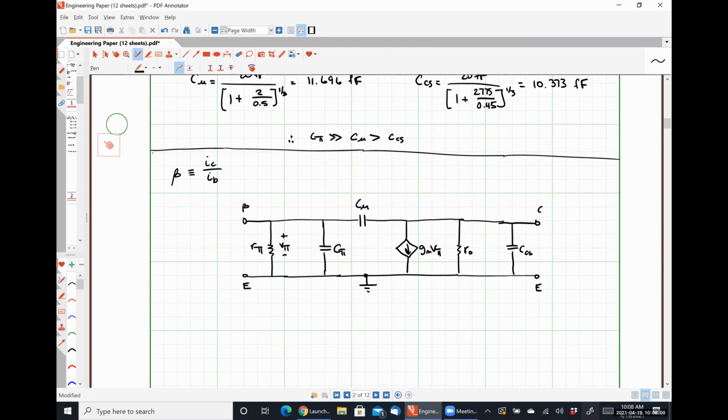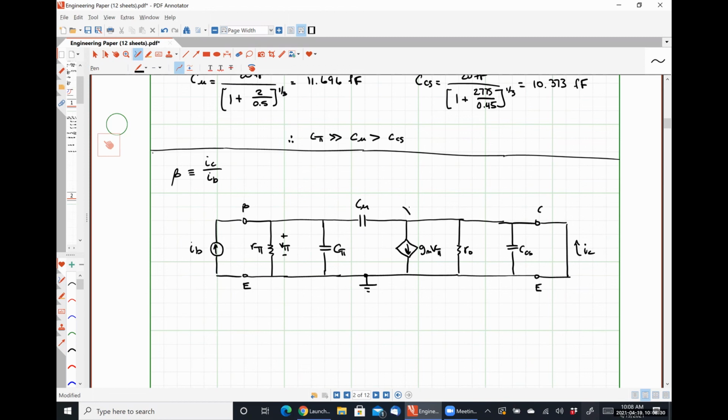This is a short circuit amplifier, so I have to short circuit my output terminal. And so this is going to be my collector current IC, and at my input I'm going to have some base current IB, and beta is simply the ratio of those two currents by definition.